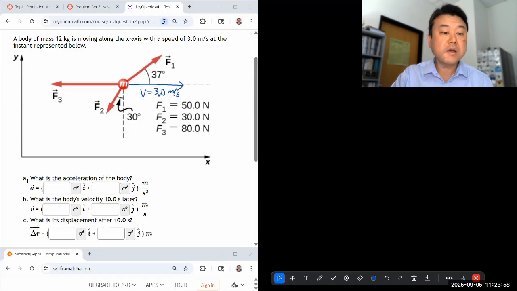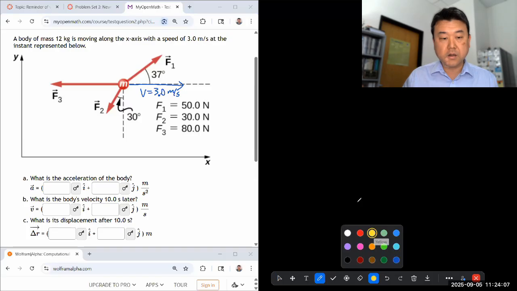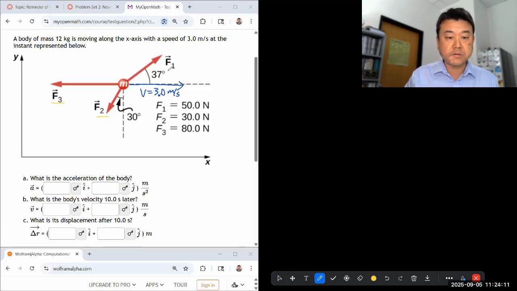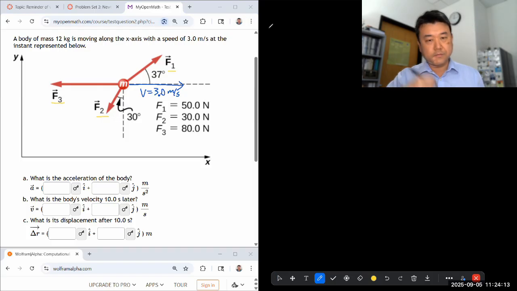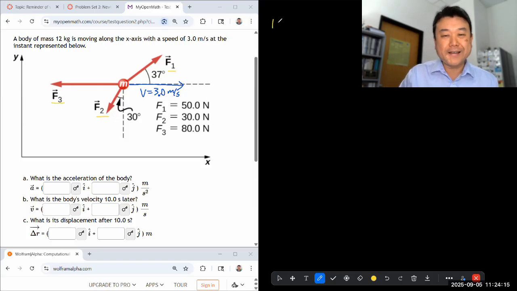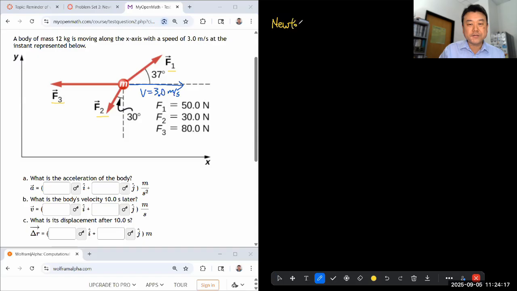So it asks, what is the acceleration of the body? This is basically asking you to use Newton's second law. They've given you a bunch of force information, and if you remember what you learned this week, you remember Newton's second law, which says that net force as a vector quantity is equal to mass times acceleration as a vector quantity.